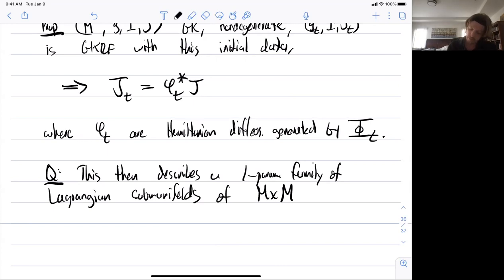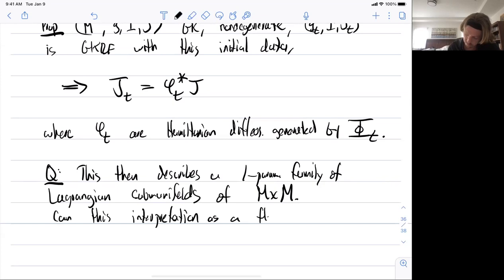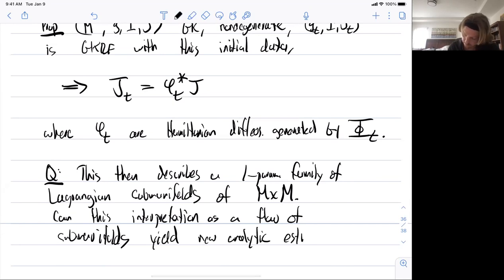And I guess the question I have is, for generalized Kähler-Ricci flow, or maybe the right way to ask it is, can this interpretation as a flow of submanifolds yield some new analytic estimates?